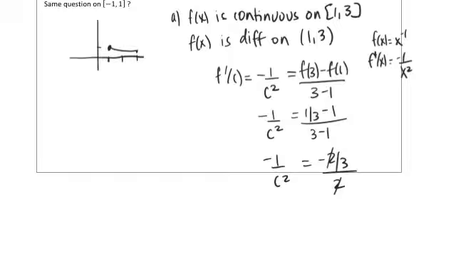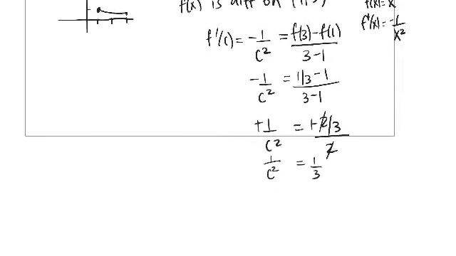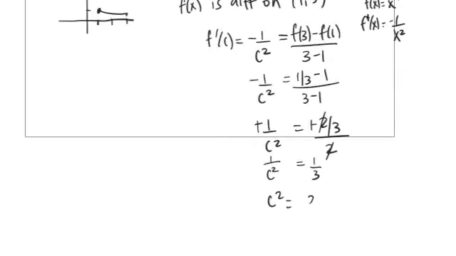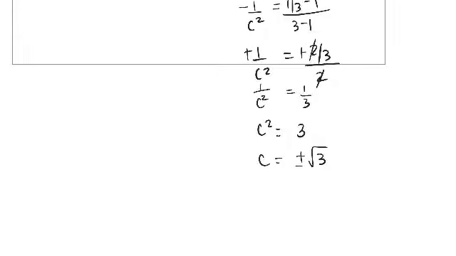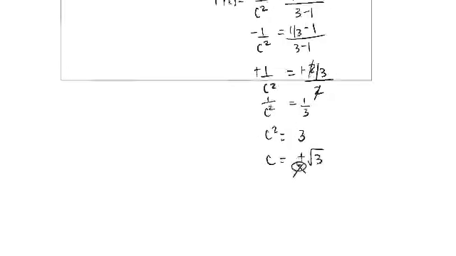The 2's cancel out, the negatives cancel out, so I'm looking at 1 over c squared is equal to 1/3, which means c squared is equal to 3, which means c is equal to plus or minus the square root of 3. I'm not going to be interested in the minus because I'm on the positive interval [1, 3], right? So my c value that I want is c is equal to the square root of 3.